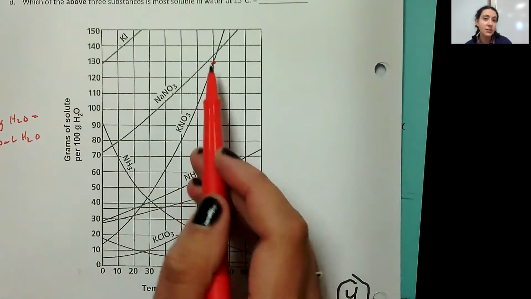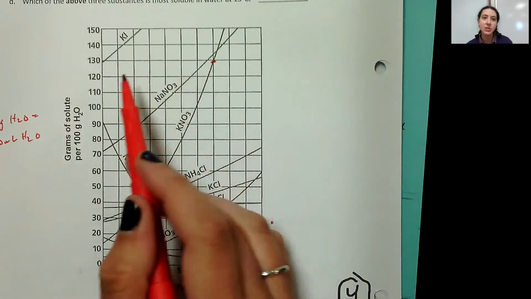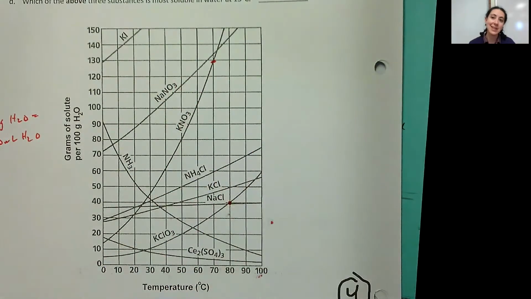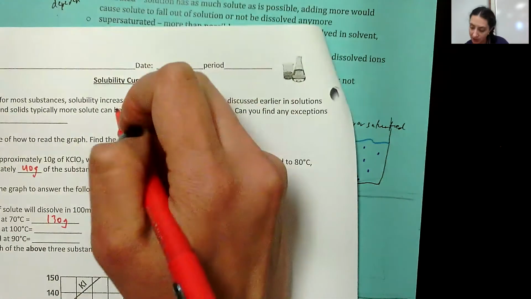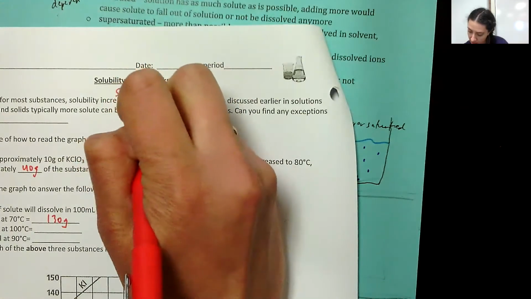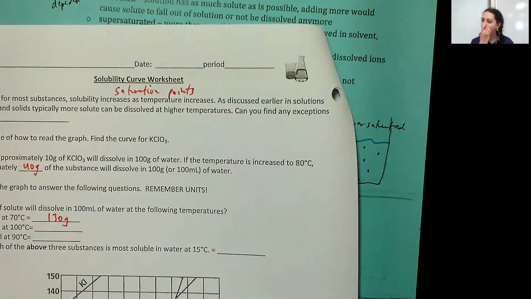If you tried to dissolve 120 grams, it would dissolve easily and it would not be saturated. So this line basically says, what is the saturation point? So the solubility curves are for saturation points. So instead of boiling point or melting point, it's like a saturation point. So in a lot of ways, it is kind of like a phase diagram.